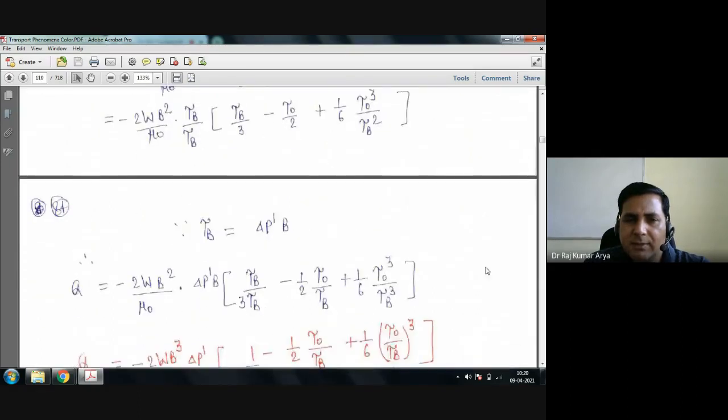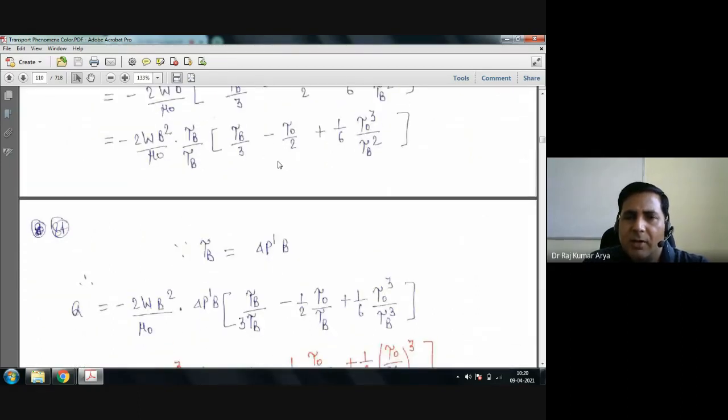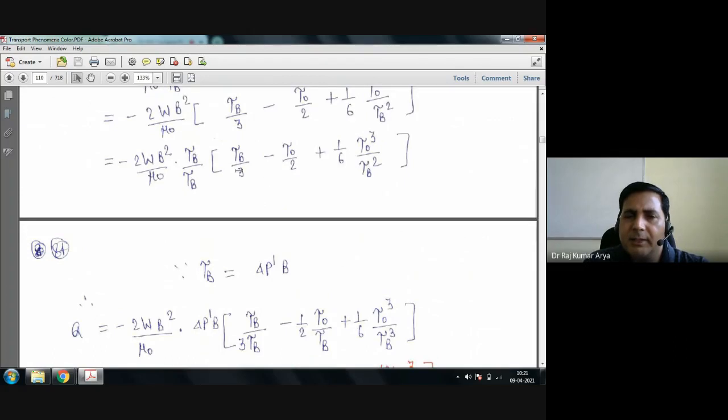Generally we need to calculate things in terms of measurable quantity. So tau b is this, delta p dash b, because we want to have all expressions in terms of easily measurable quantity. So tau b is being converted in terms of delta p dash.